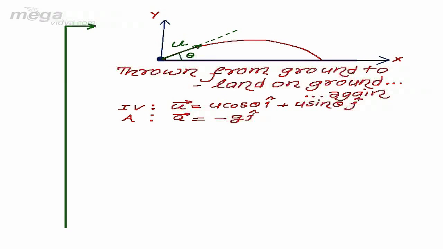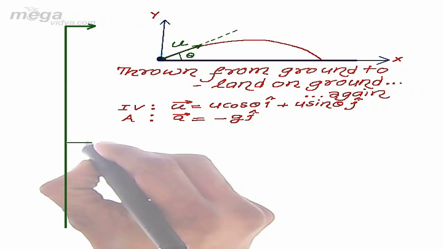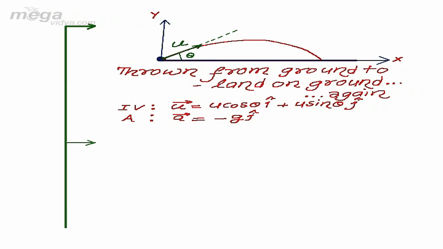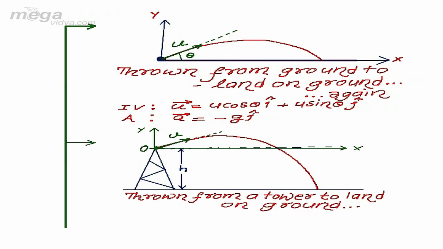In the second case, we are considering a particle which has been thrown from some height above the ground. Students, in the second case, I have taken an example in which a projectile is thrown from a certain height h above the ground.